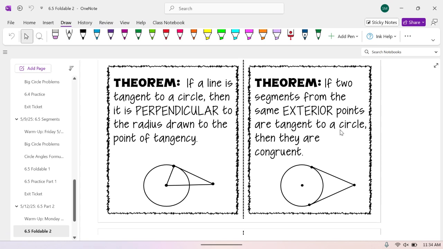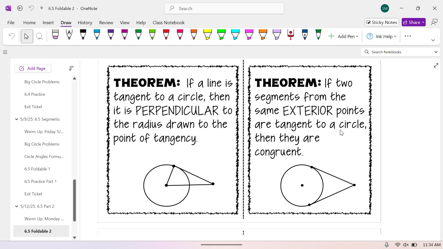So just for reference, okay, I have a circle. Let's call this AB, CD. All right.